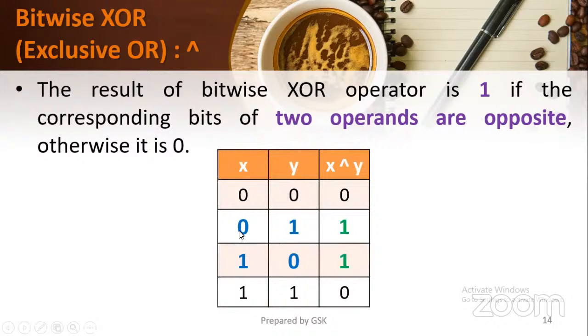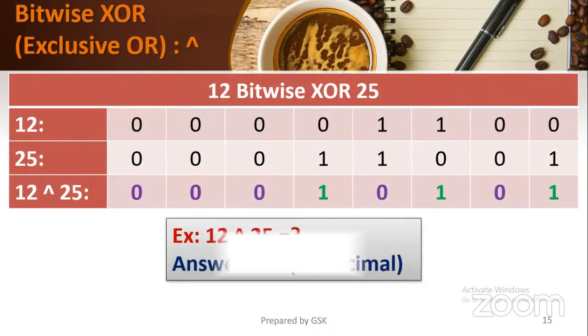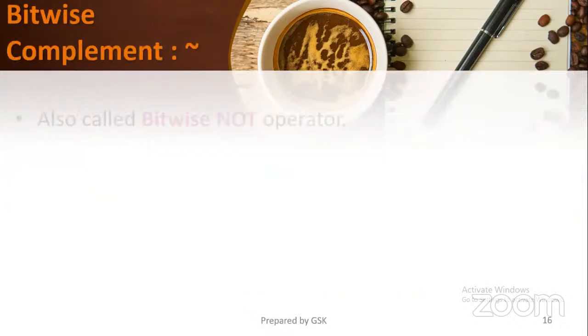See now, this is the highlighted case, 0, 1, opposite values, so the result is 1. In this case also opposite values, first value 1, second value 0. Whatever the place, those two values are opposite, so the final value is 1. In all remaining cases, it is 0. This is about exclusive OR.